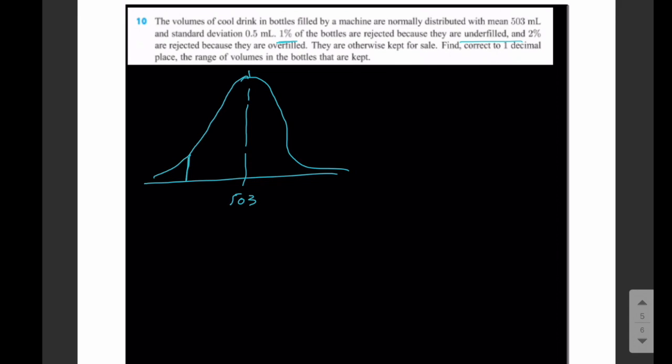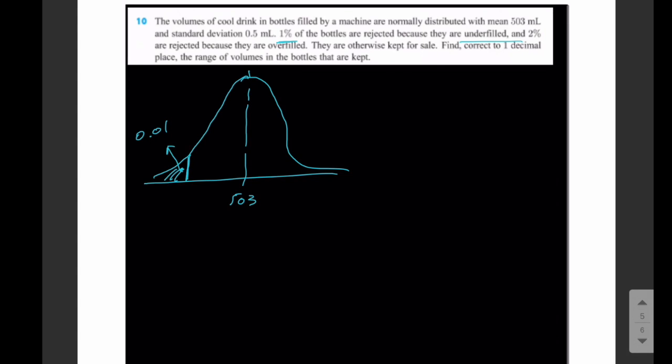So for number 10, let's do our picture. The picture is going to look like this. Okay, so the center is 503. And then we have that 1% is rejected because they're underfilled. So I have here the 1% here, so 0.01.